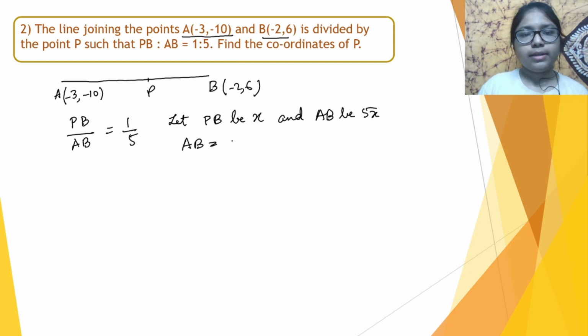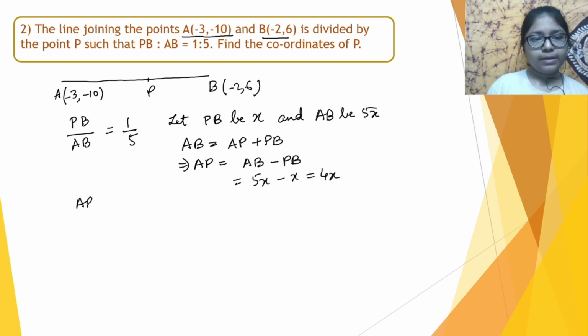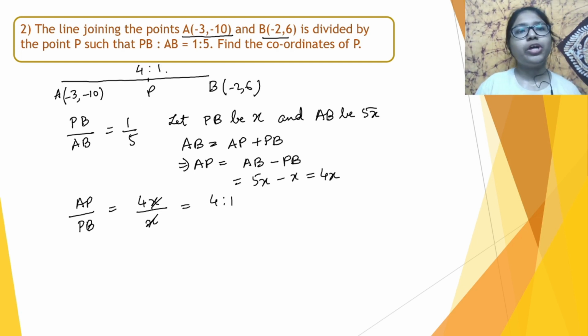AB equals AP plus PB. So AP will be AB minus PB. AB is 5x and PB is x. 5x minus x gives 4x. So now AP by PB equals 4x by x. So it will be 4:1.